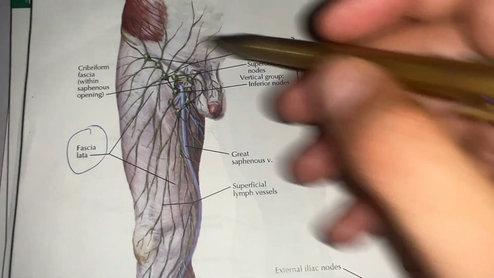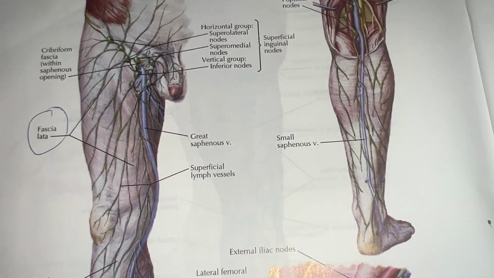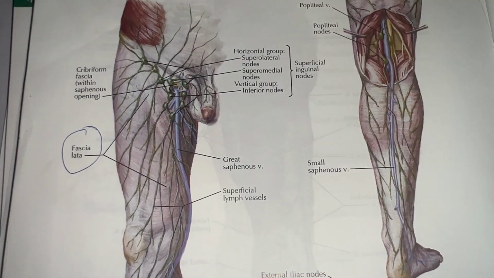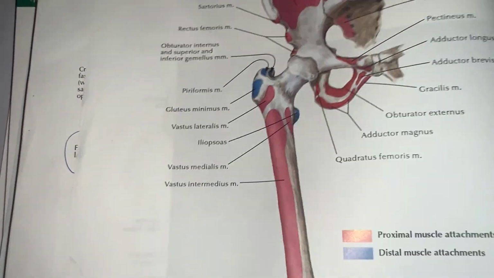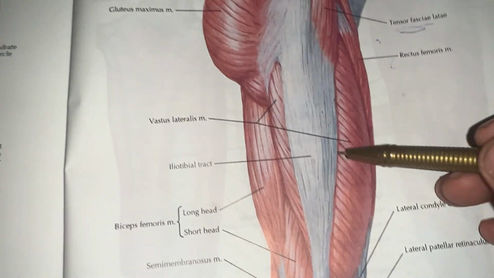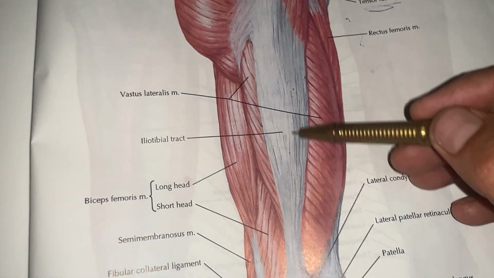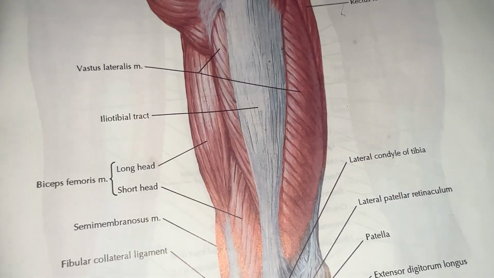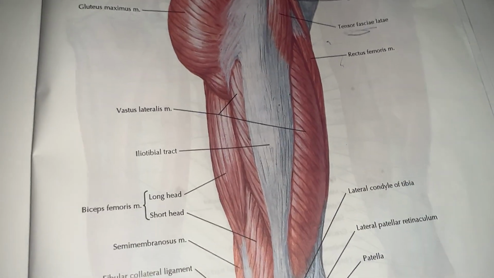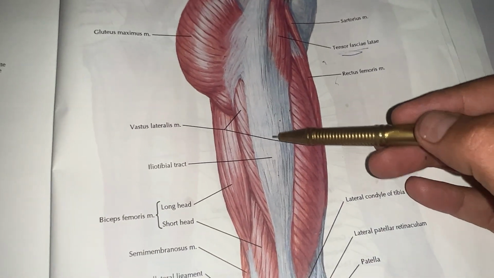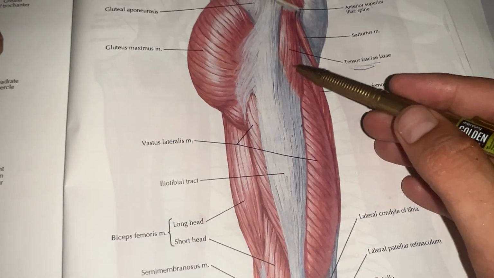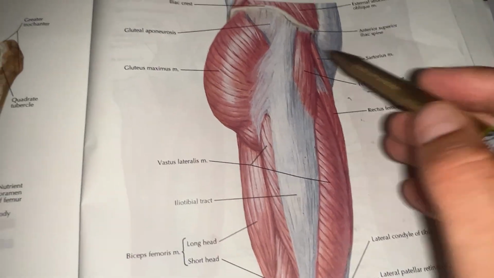In the lateral part of the thigh it is thickened, and the thickened fascia lata in the lateral compartment is called the iliotibial tract. It gives attachment to the tensor fasciae latae and gluteus maximus muscle.